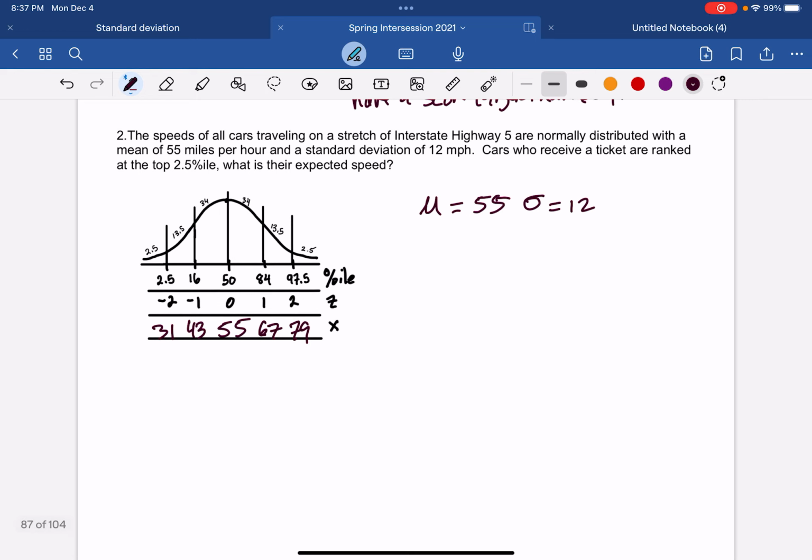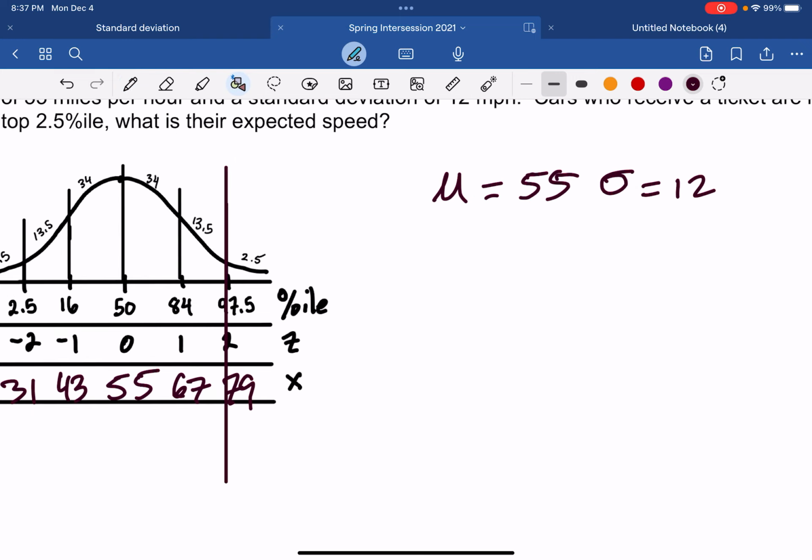So what do they want? They want cars who receive a ticket, ranked at the top 2.5 percentile. Okay, the 2.5 percentile is right here.